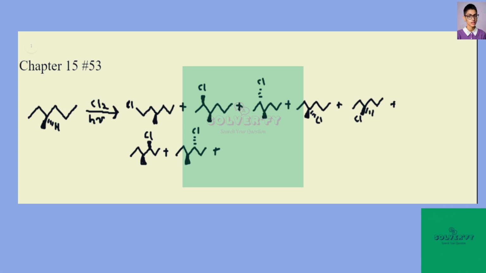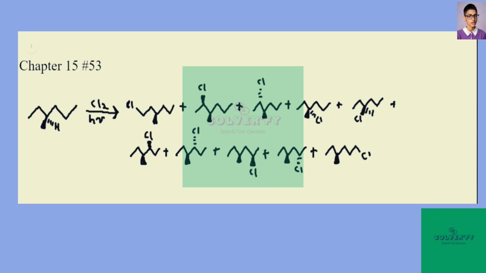And we can also have it add to the next carbon over. And so in that case, once again, we'll get the pair of diastereomers. The chlorine can add cis or trans to the methyl group. And then we can also have it add to the last carbon, so the other terminal carbon here, like that.